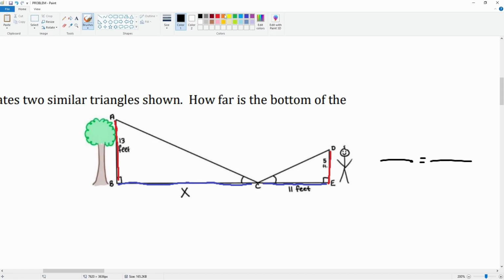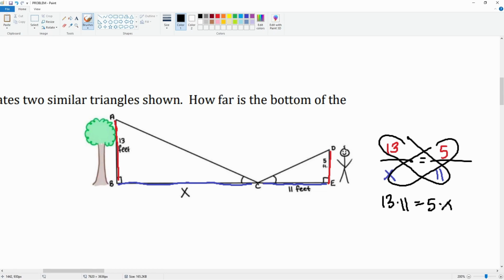So here's the tree, which is the 13 feet divided by unknown X. Then we have the proportion for Mr. S, which is 5 feet divided by 11 feet here. Now we can cross multiply here. 13 times 11 is equal to 5 times X. 13 times 11 is 143, which is equal to 5X.